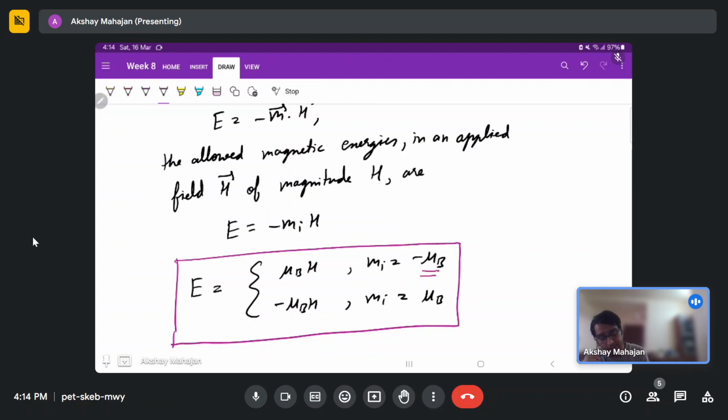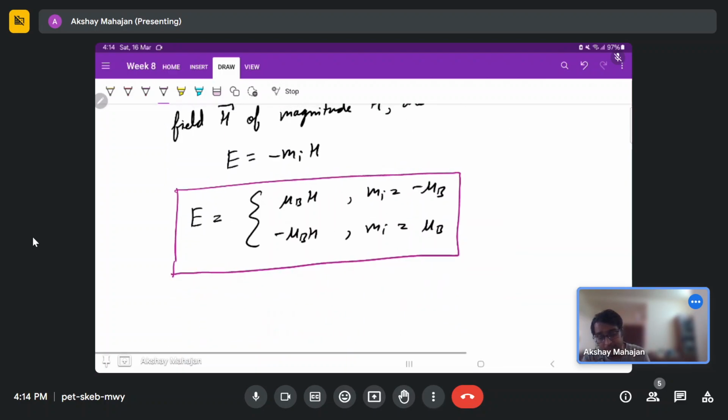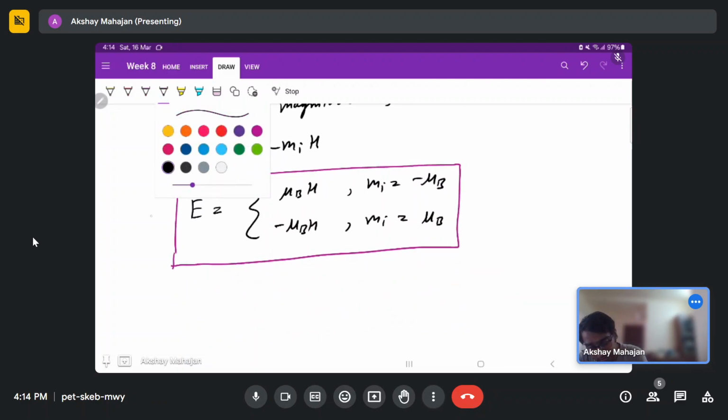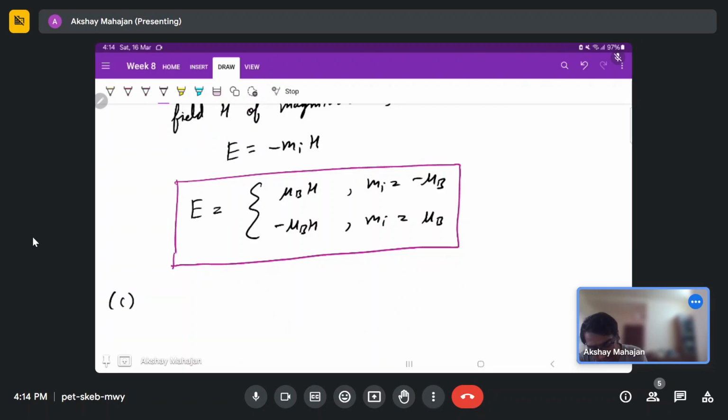While the magnetic moments in the anti-parallel direction to the applied magnetic field, where the field is in the h direction while the magnetic moment is minus mu B, have energy equal to mu B times h. That's the thing. Then let's go to part C.